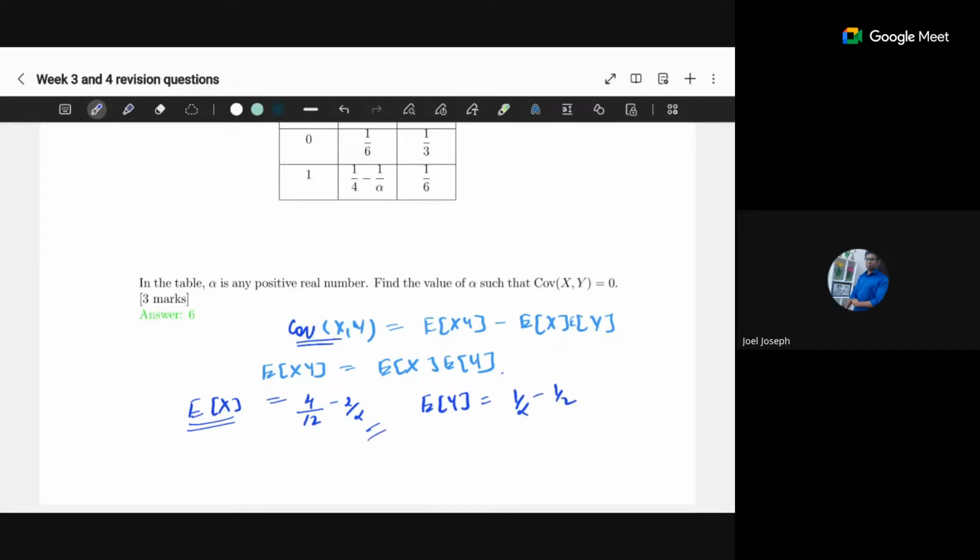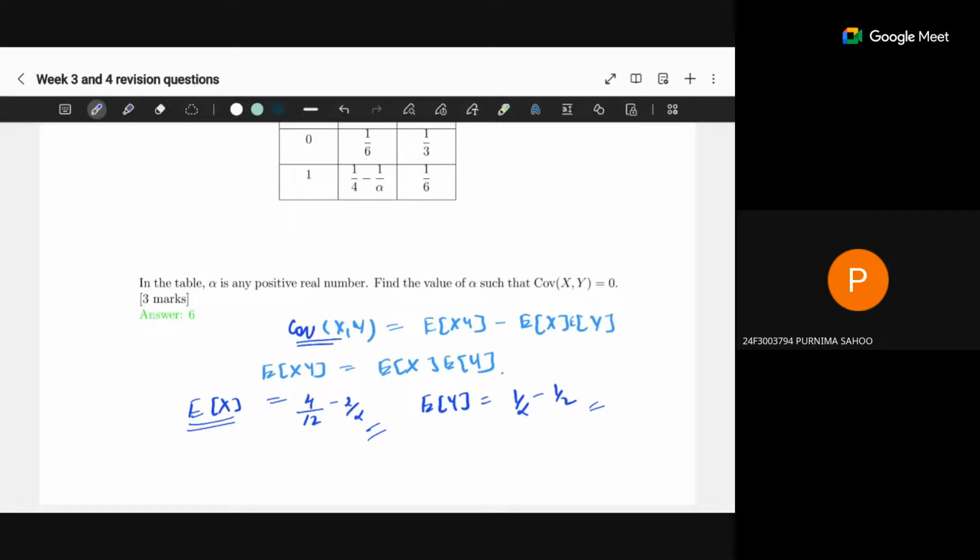Everybody is getting this answer? I'm getting different ones. Ma'am, have you just reversed the expectation value of X and expectation value of Y? Those are different. Ma'am, this covariance of X and Y is equal to 0. That means X and Y are uncorrelated. Then can we think that X and Y are independent?